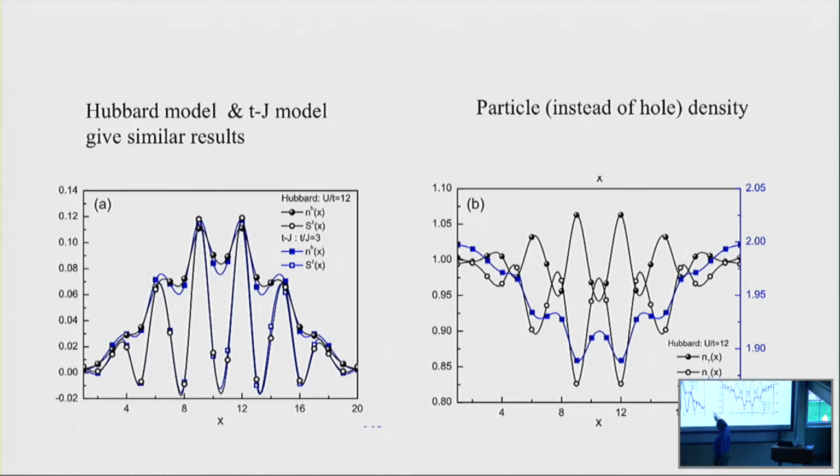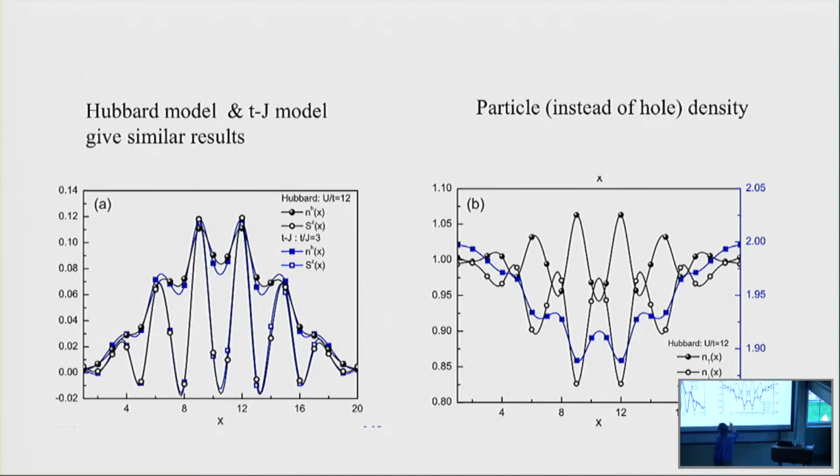One of them is charge density or particle density, the other one is spin density. In those studies people often plot the density of holes, and experimentally we measure particles, so you just need to invert them.